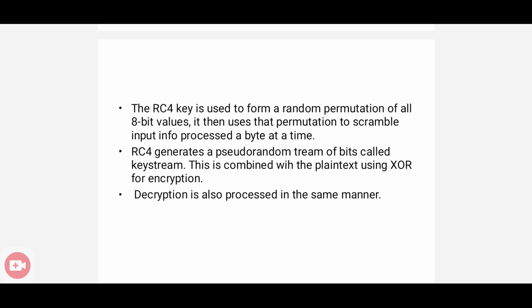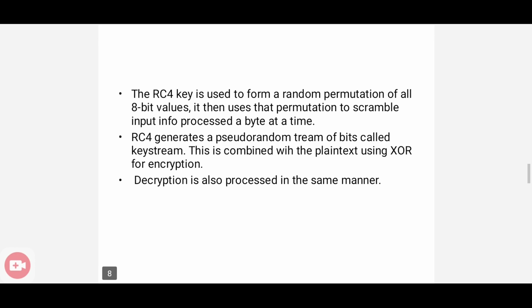Again, there is a pseudo random generator on the decryption side, and we get the key stream from the input key. So decryption is processed in the same manner as encryption.